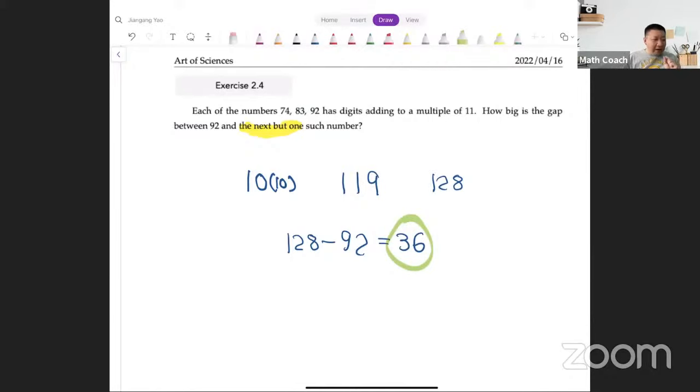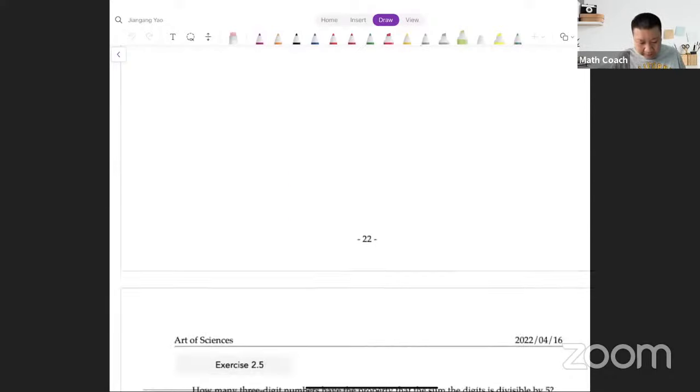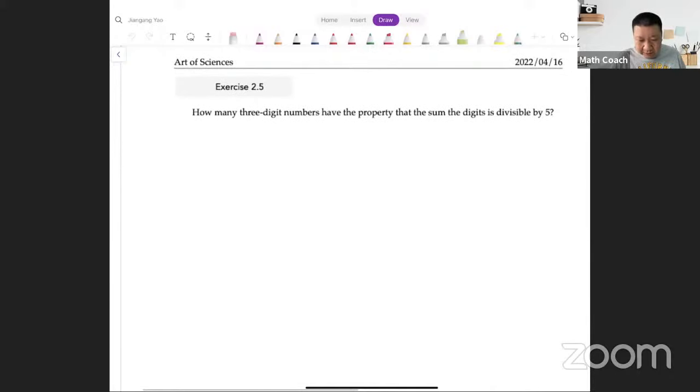Okay, so now is the most important one. Question 2.5. How many 3-digit numbers have the property that the sum of the digits is divisible by 5? The sum of the 3 digits in the 3-digit number.